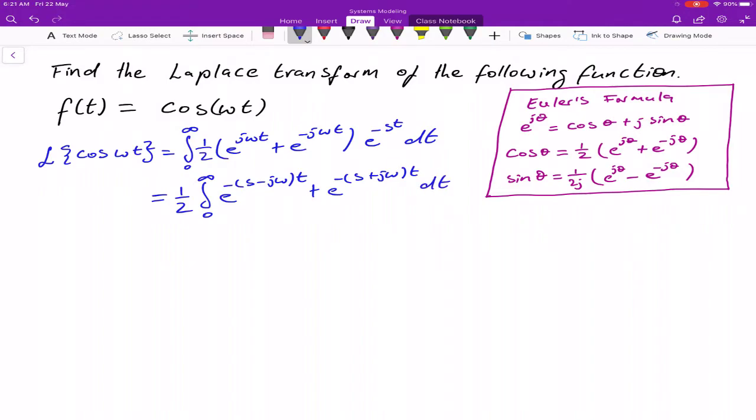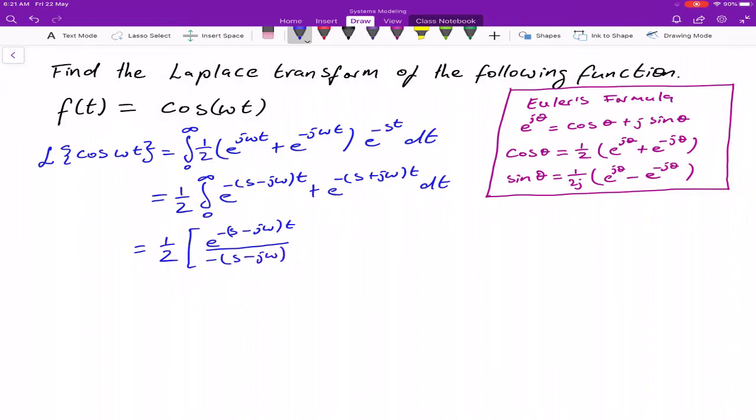Now, integrating exponential, it's very, very easy. So here we are going to have a half, and we are going to integrate the first one, and we will have e to the minus s minus j omega times t over minus s minus j omega.